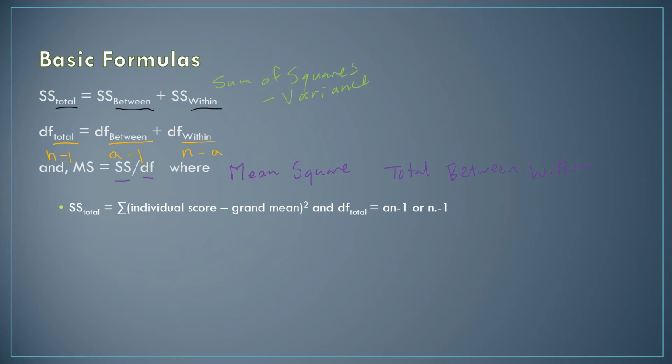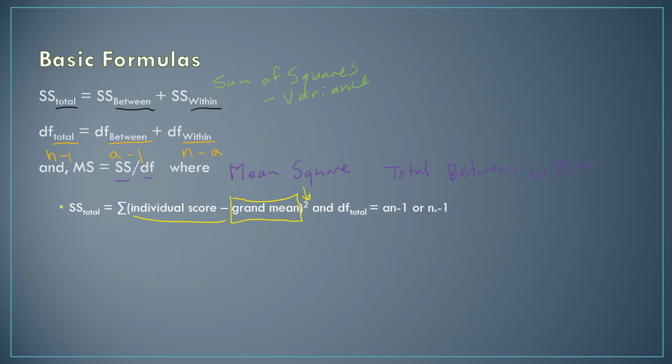So for the sum of squares, and this is to really emphasize what's going into these mean square calculations, your sum of squares total is using each individual score in comparison to your grand mean. And then they are being squared, so they have the square value here.